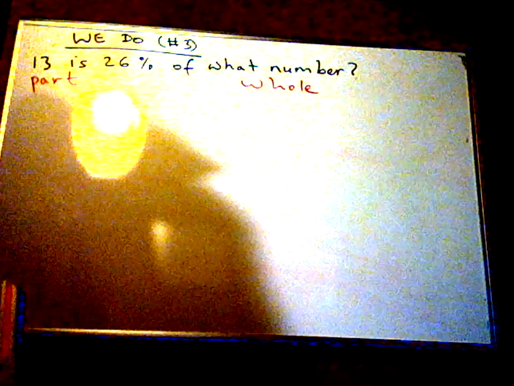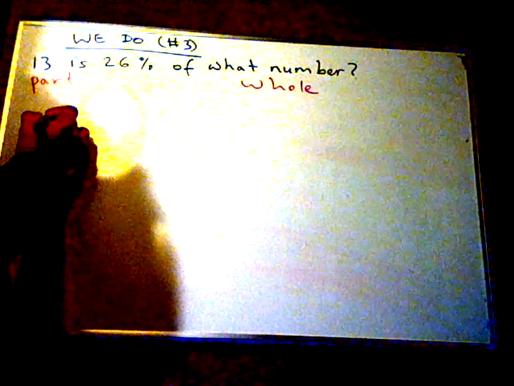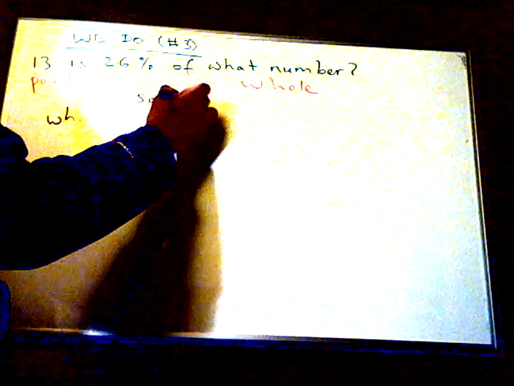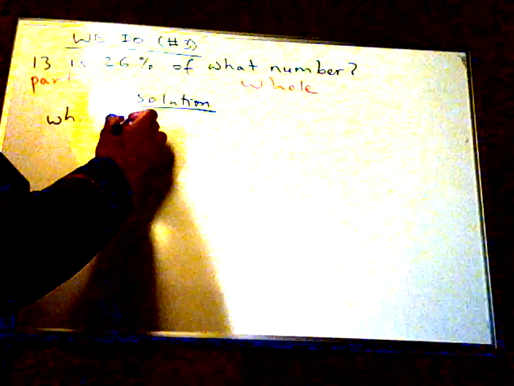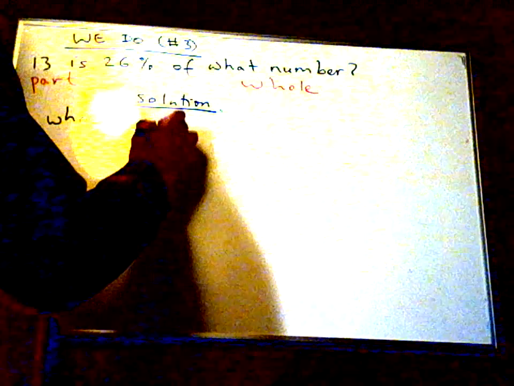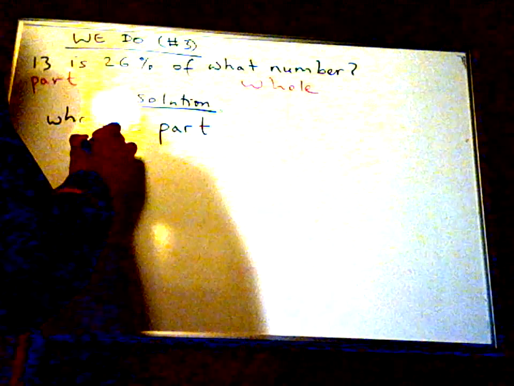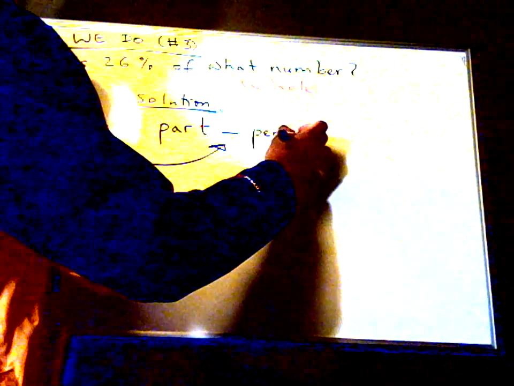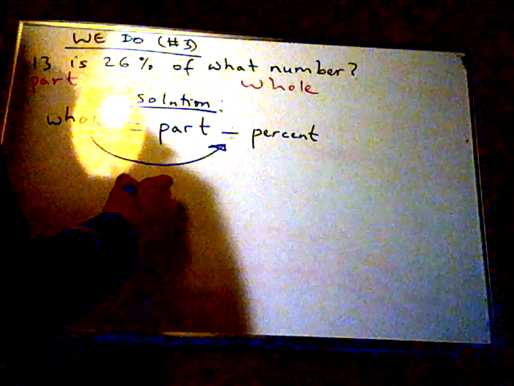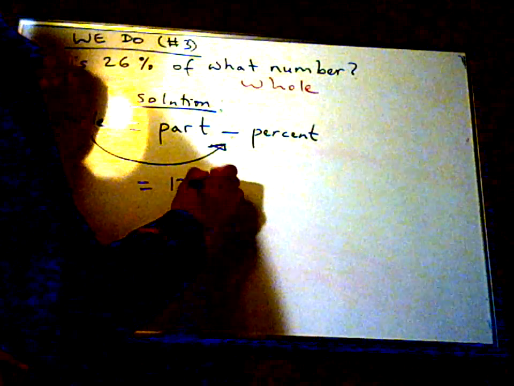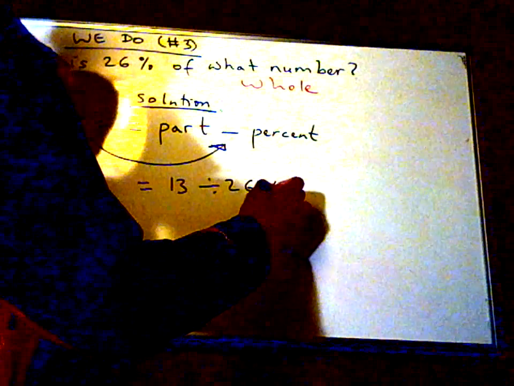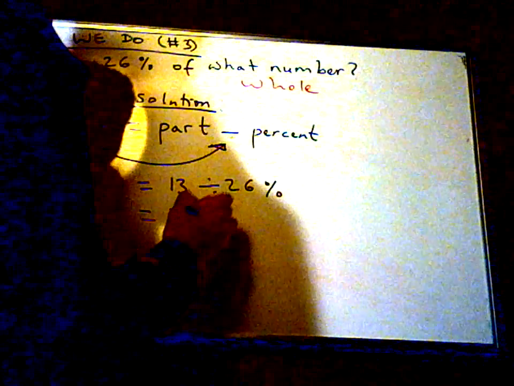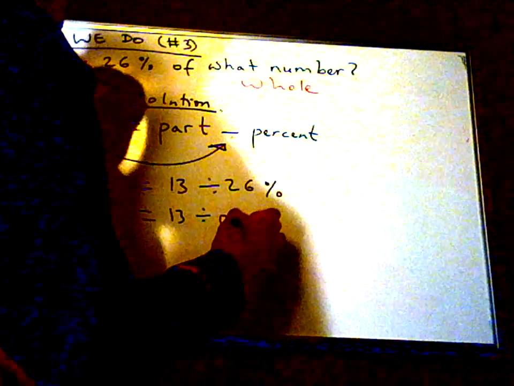So then using our equation, the solution here: the whole is equal to the part. Remember, when we have the whole, what do we want to do with the whole? We always want to divide it up. So it's equal to the part divided by the percent. Okay, which in this case is 13 divided by 26%, which you can do in your calculator in 2 ways. You can do 26% is the same as 0.26.